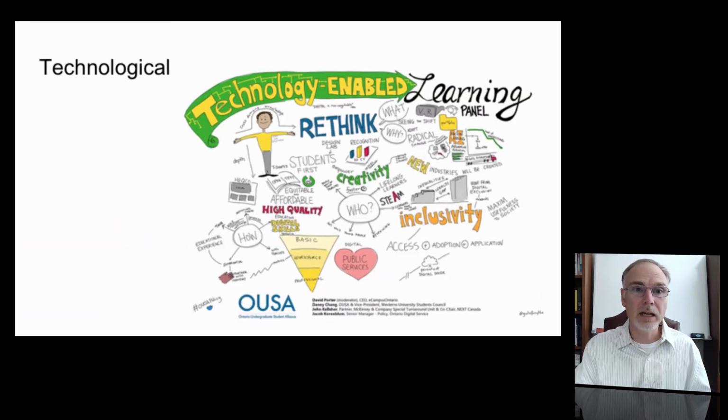The technological category here focuses on all things that change quickly in the innovation landscape. It also can include things like the regulations surrounding those quick changing technologies, and how they might influence the higher education sector.